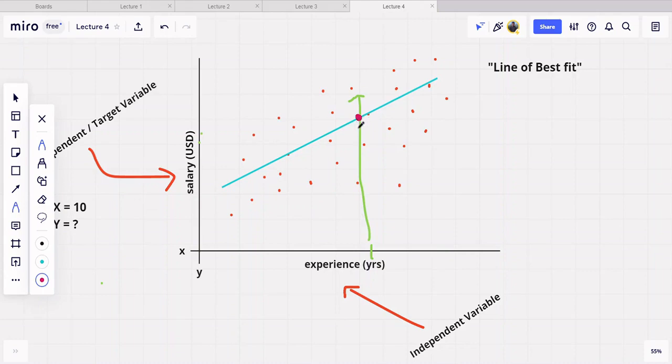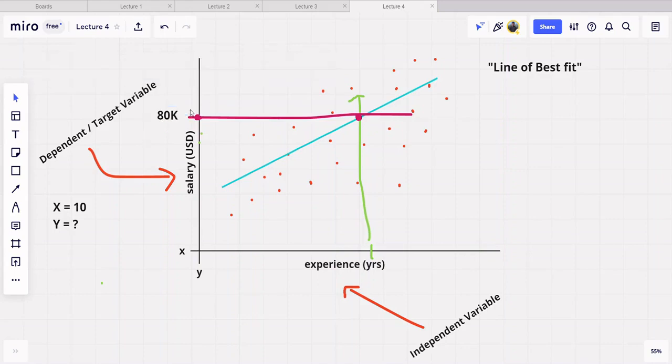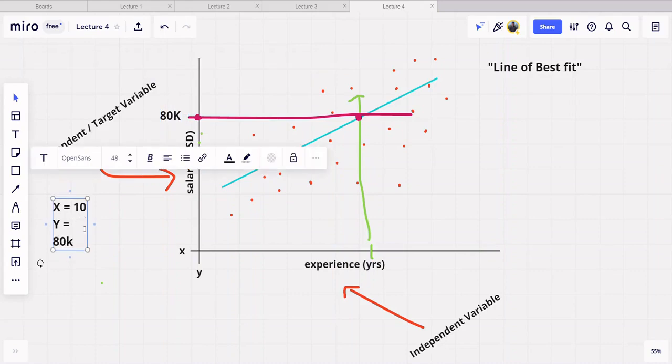Now we'll create a horizontal line through that point, and whatever the y value is here, let's say it is 80,000, then that 80,000 is basically the prediction for our value.